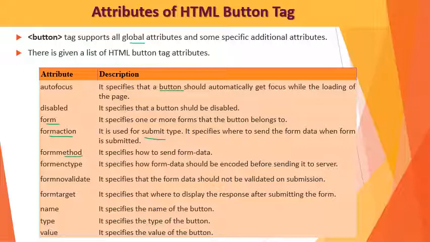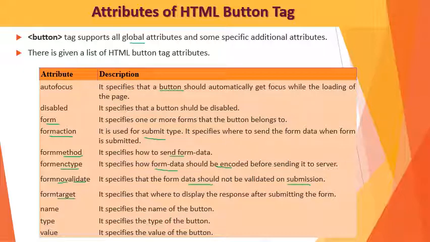Then formmethod, it will specify how to send the form data. Then formenctype, that is how the form data should be encoded before sending it to the server. Then formnovalidate, so that the data should not be validated on submission.